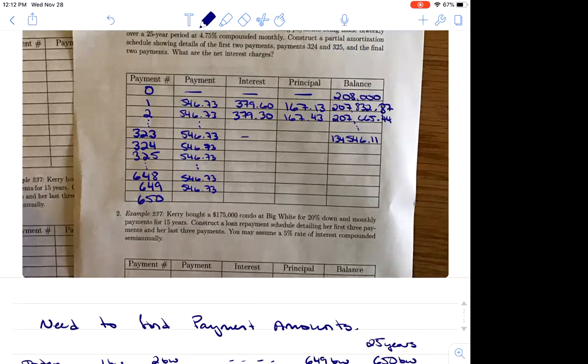These we don't know, and that's okay. Because what would you need to know to find the interest amount on line 323? You'd have to know the balance at 322. Right? But now we can take the 134,546.11.